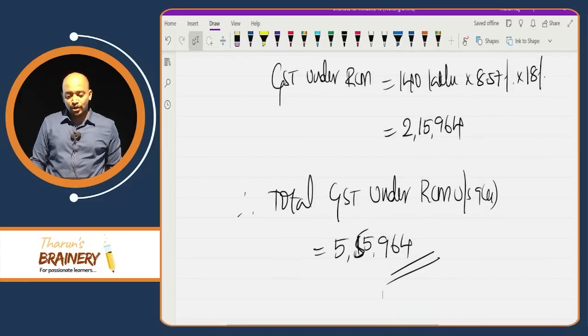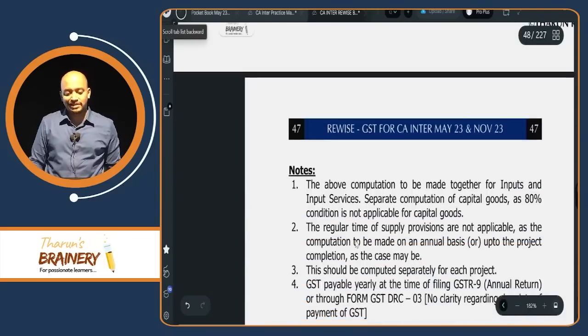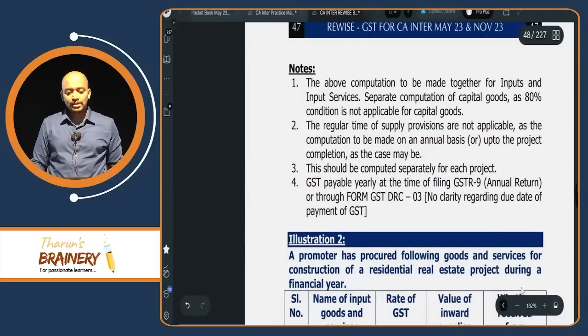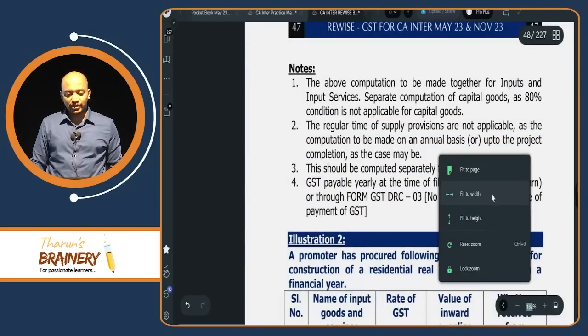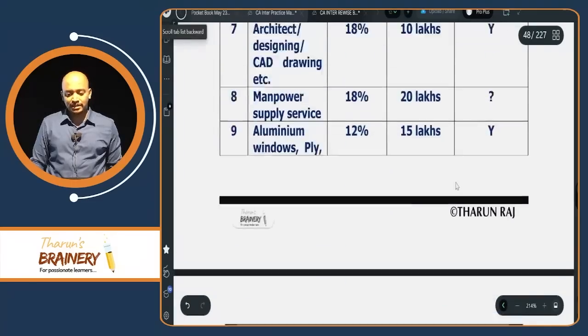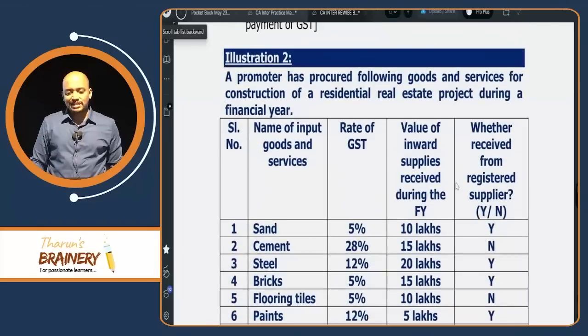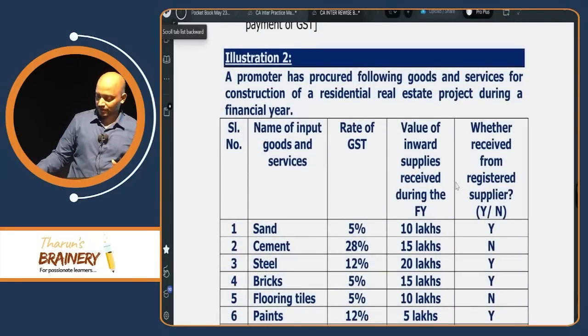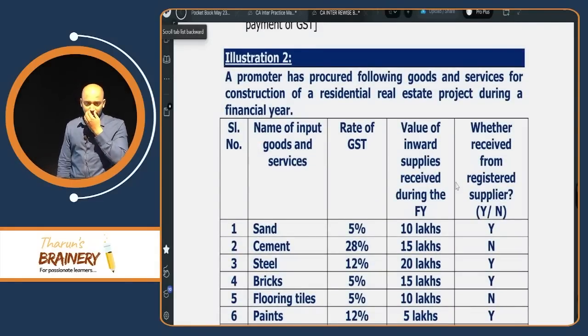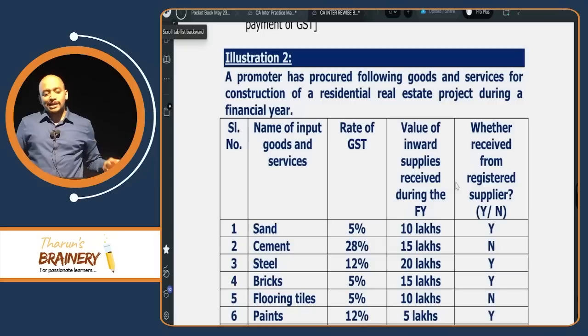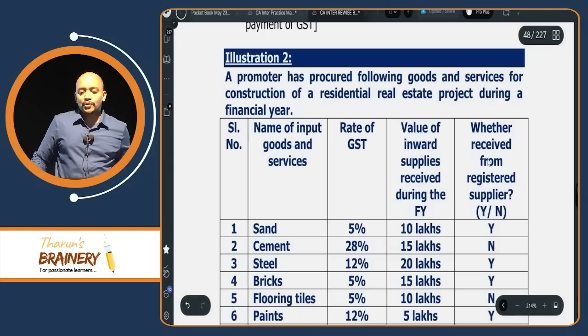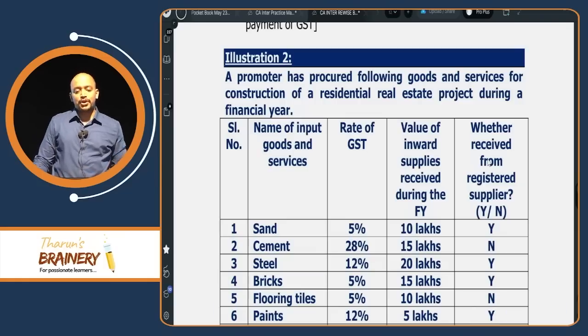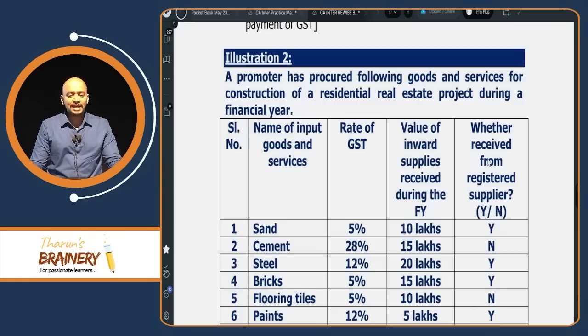Now we will see one more question which I have given in the book itself. Look into illustration 2 in that book, page number 47. A promoter has procured the following goods and services for construction of a residential real estate project during a financial year.